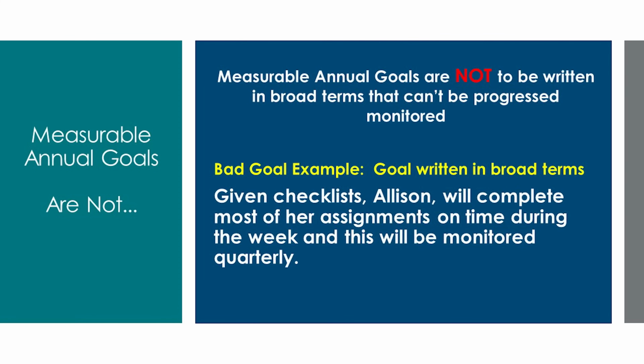This may lead to some misunderstanding to those reading the IEP. This example is a great segue into the next part of this module, where we will be taking a look at a goal much like this one and turning it into a good measurable annual goal. We will discuss how to create goals that are clear and concise, that focus on building skills, and can be easily progress monitored.